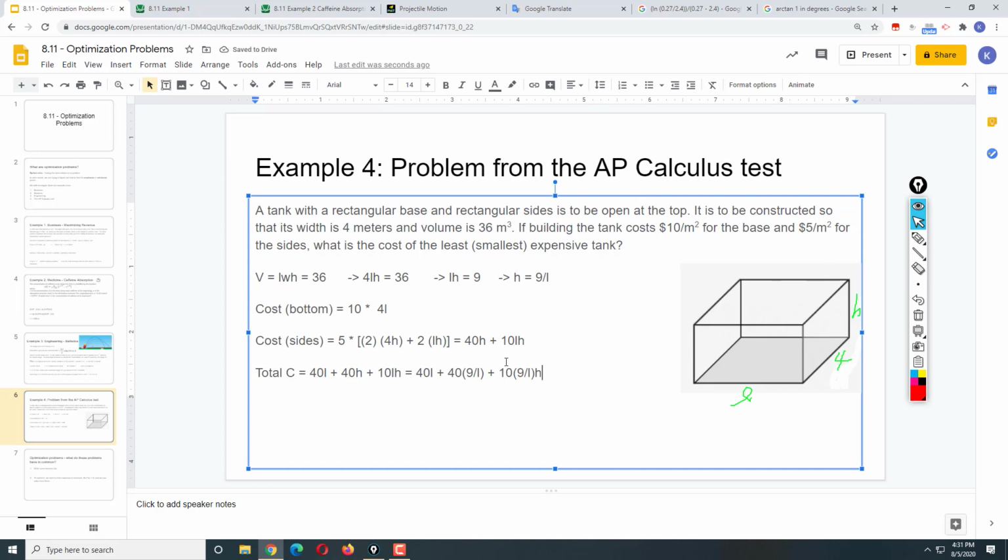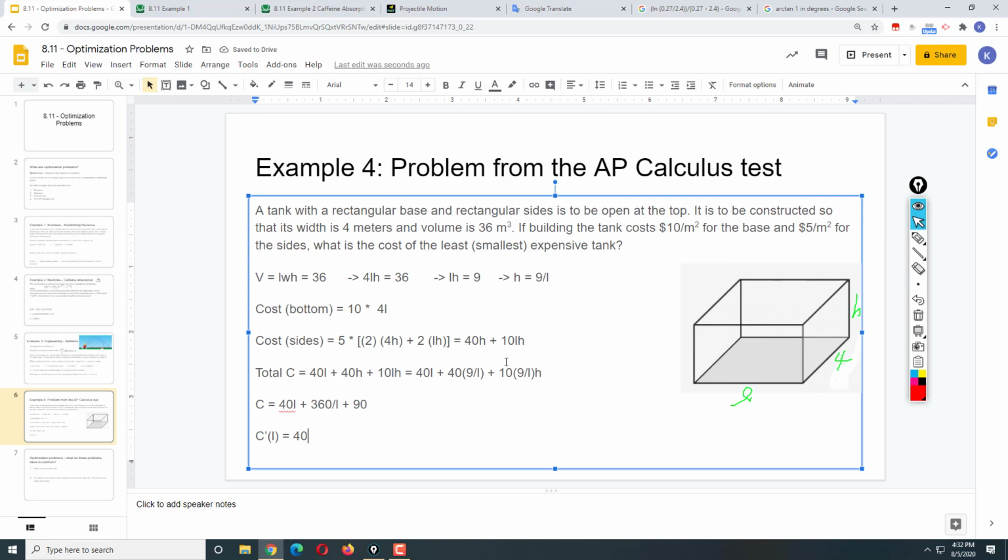So that means C is really equal to 40L plus 360 over L plus 90. That's the cost, depending on the length. We want to minimize it, so we want the derivative to be equal to 0. The derivative of 40L is 40.